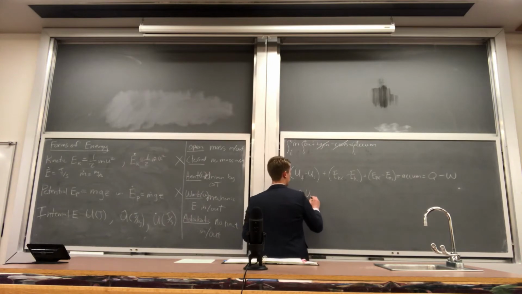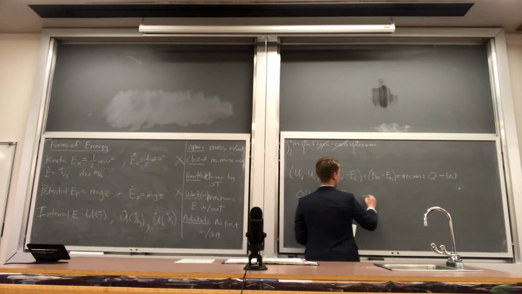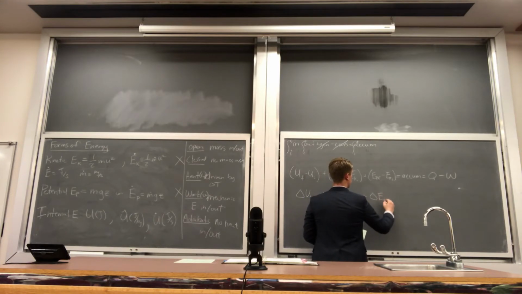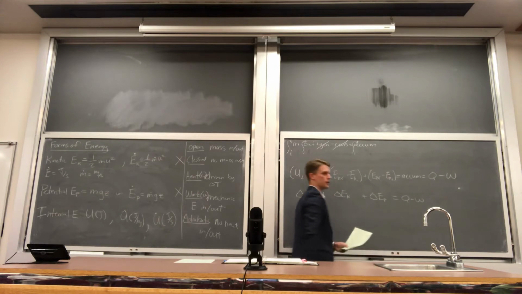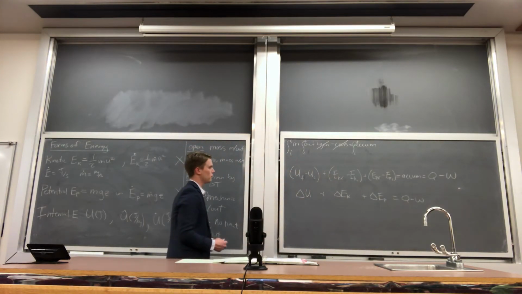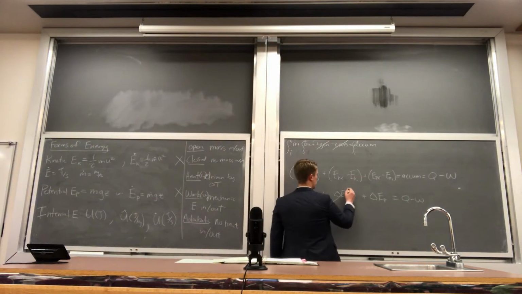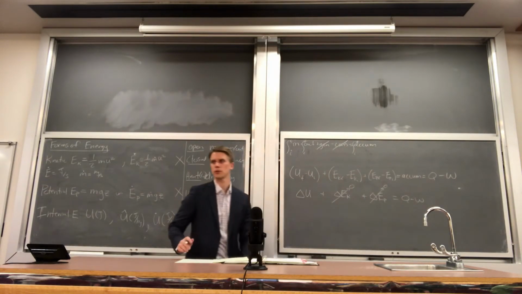We call this delta U, delta kinetic energy, delta potential energy, equals Q minus W. And for the most part, the kinetic and potential terms are going to be 0. We're not going to care about those terms.